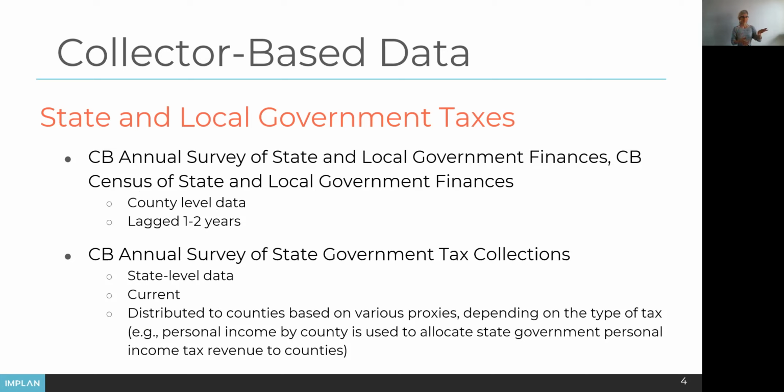So there's kind of a few years lagged census, and then a less lagged annual survey, and then a not at all lagged state level data. And so we combine those three in that manner.